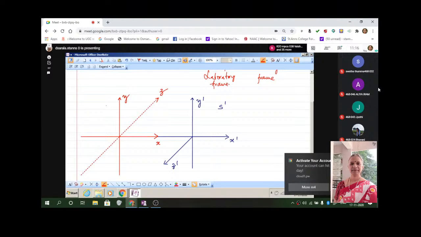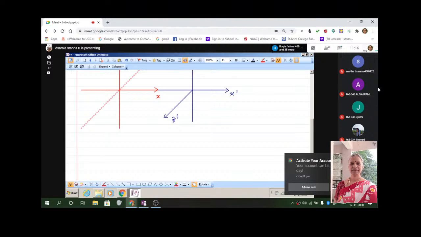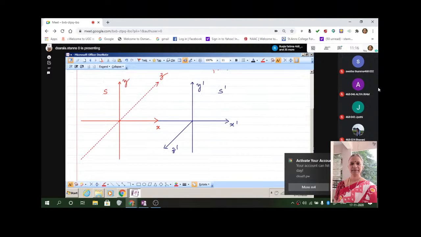This frame, let us call this S. Let us try to describe an event which is given by some position P, whose coordinates are x, y, z, t in S frame, and x prime, y prime, z prime, t prime in S prime frame.